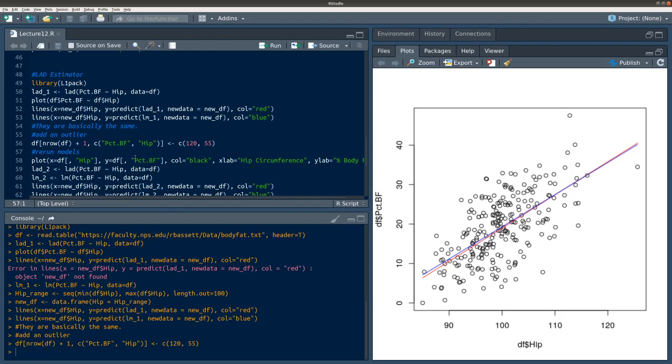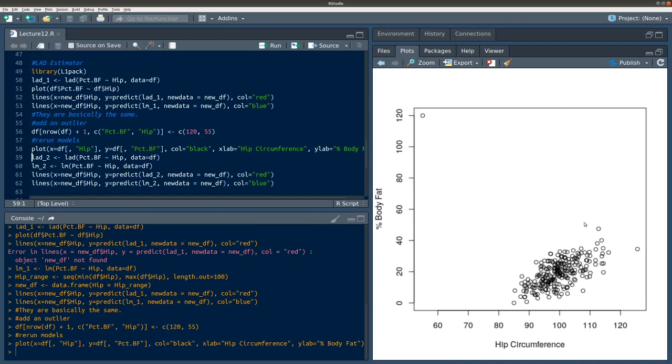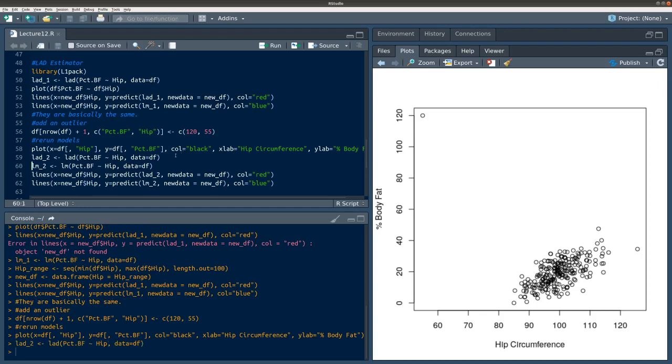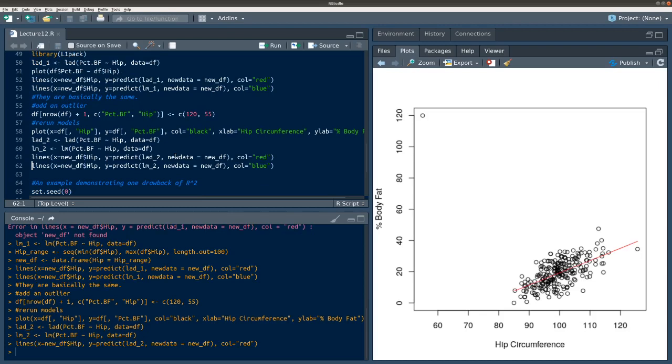So I'm going to rerun my model. Here's my scatter plot, and here's my outlier for my data entry error. So this is problematic. Now I'm going to build a least absolute deviation estimator and a least squares estimator again, and add both to the plot.